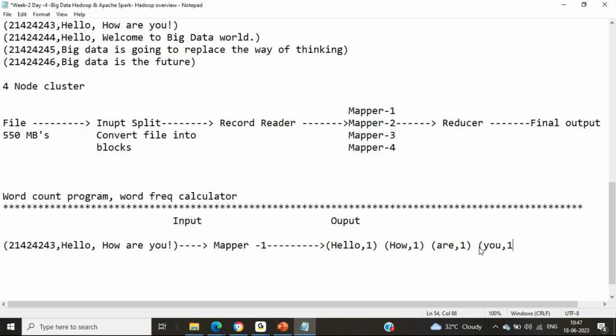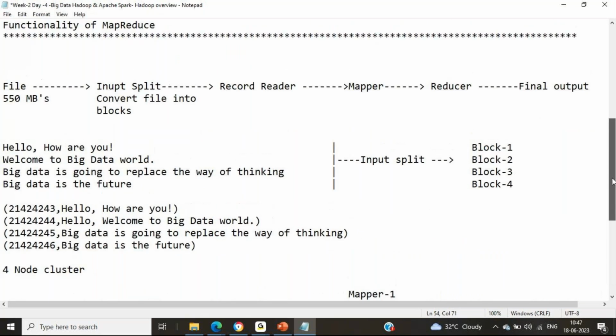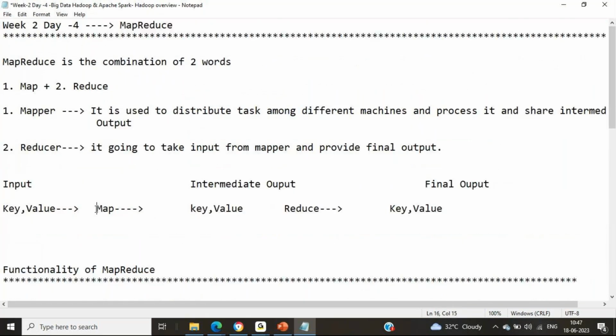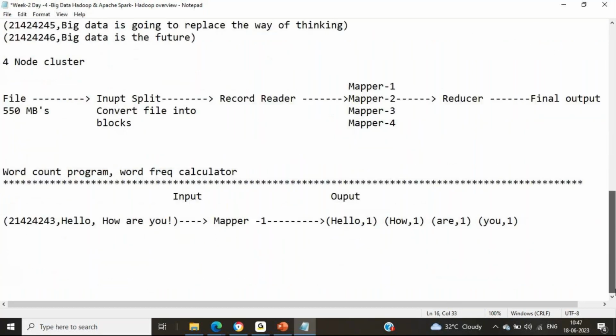And over here, if you are able to see, this is the key, this is the value, this is the key, this is the value. And the clause that I have mentioned, that MapReduce takes the input in key and value pair and provides the output in key and value pair, is also met. So mapper 1 has given me the output in this particular format: hello 1, how 1, r 1, and u 1.